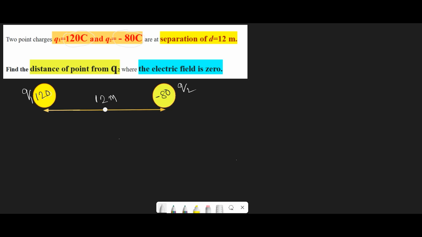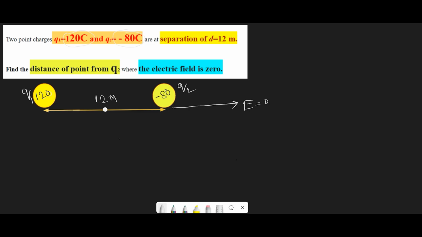The question asks for the distance of the point from Q2. So this is Q2. From Q2, the electric field is 0 somewhere in this direction. Why? Because these two charges are opposite.